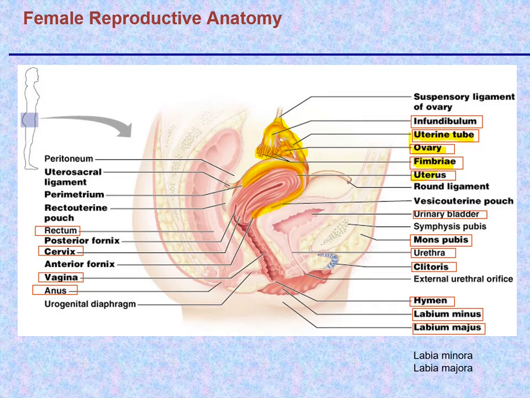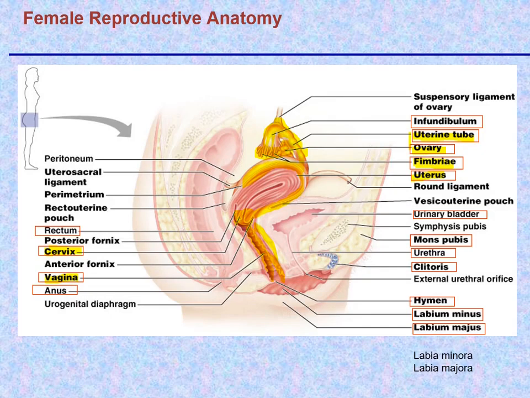which is made of smooth muscle. And then the very end of it is called the cervix. So the end of the uterus that projects into the vagina is the cervix right there. And this is the vagina structure here.